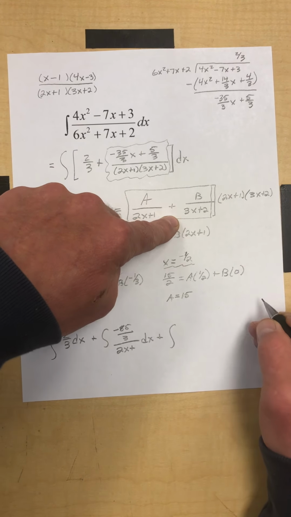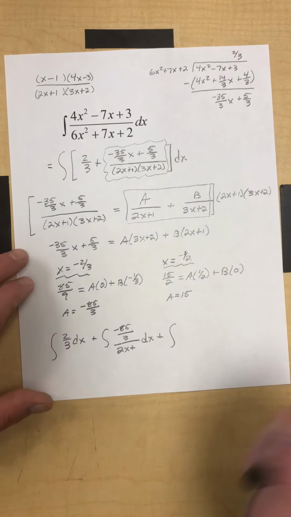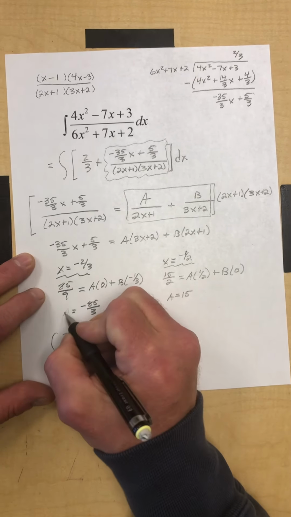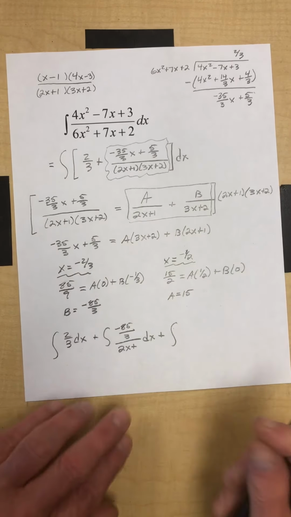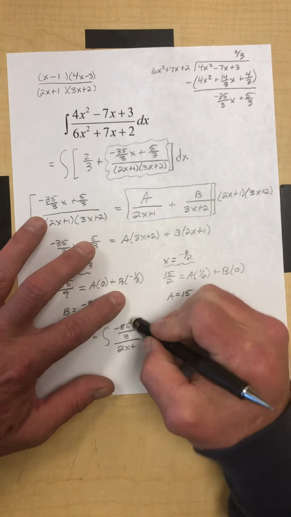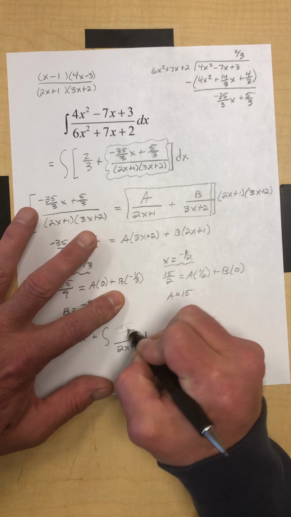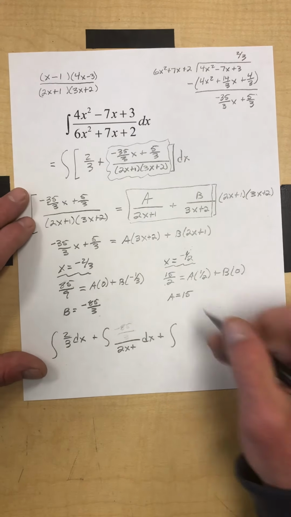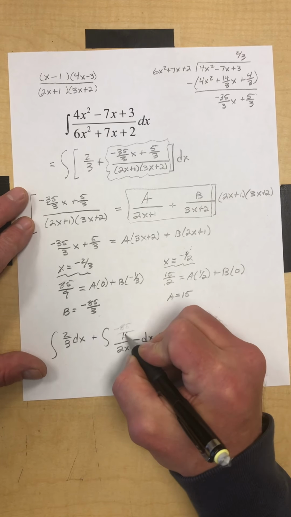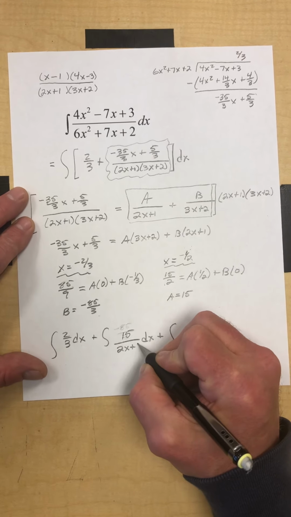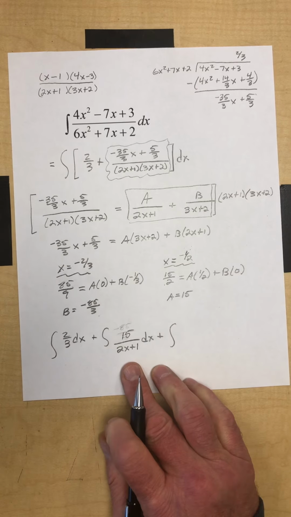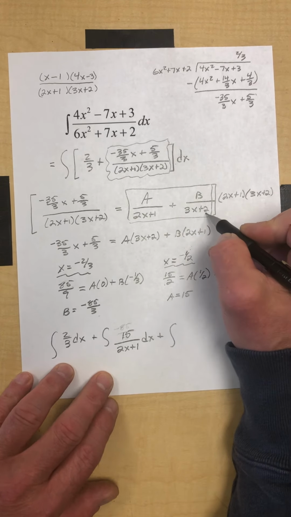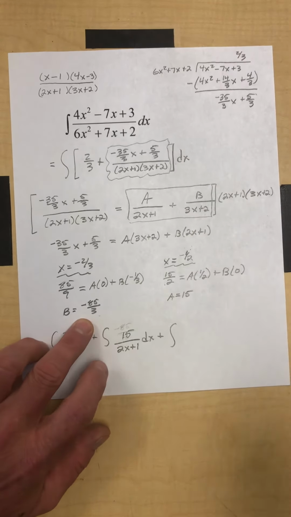Oh, wait a minute. This is B right here. I'm sorry, I have A on both of them. My A is 15. Well, that's the second bonehead mistake I made today. So the A is 15, and that goes with the 2x plus 1. And then I would have this B over 3x plus 2, and the B.